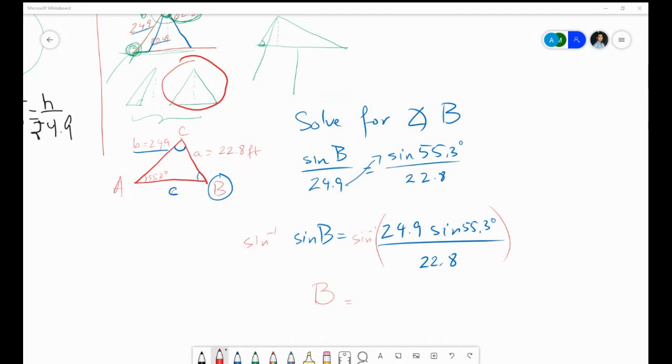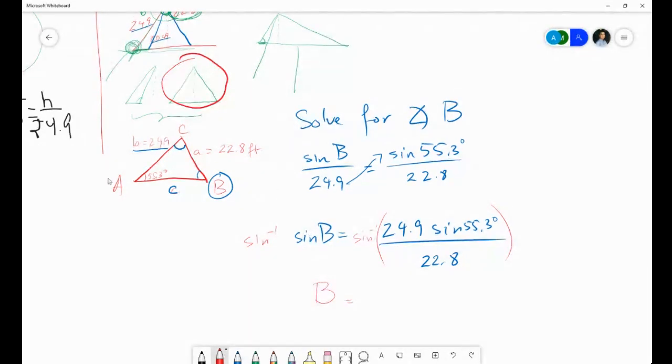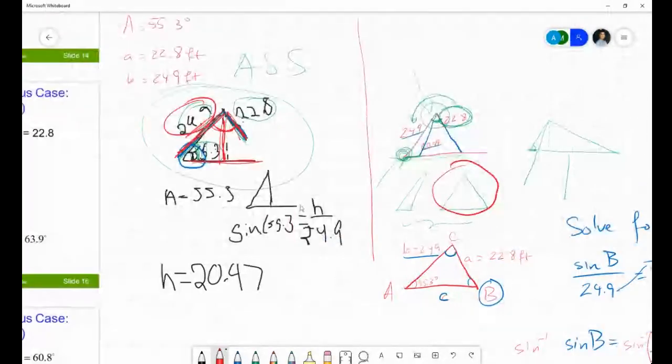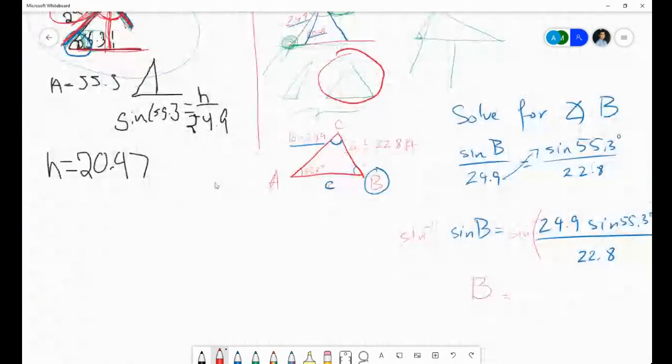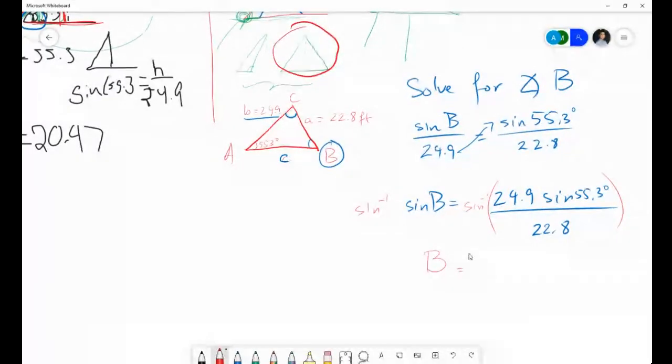All right, great, 63.9. Since we only started with 1 decimal place, we're only going to round to 1 decimal place. So B is going to be 63.9 degrees.